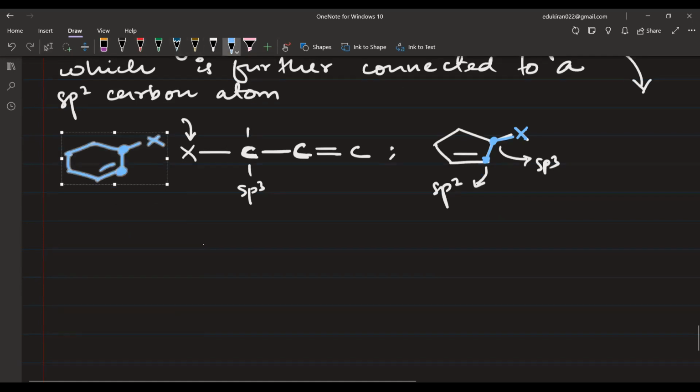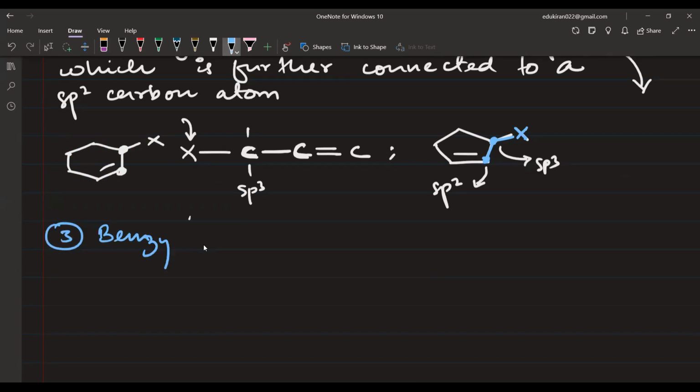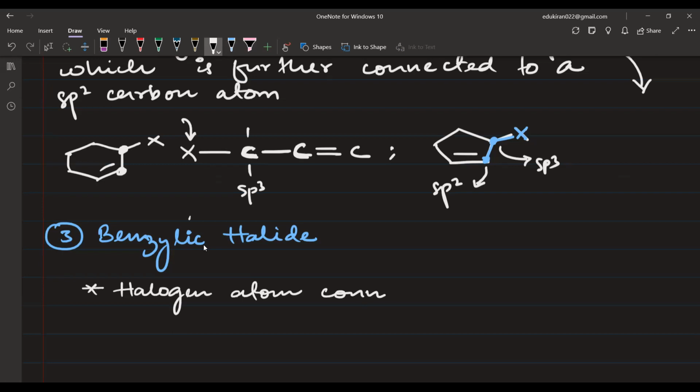Right, next, benzylic alkyl halide. Benzylic halide, you can directly write benzylic halide. Halogen atom connected to sp3 carbon.